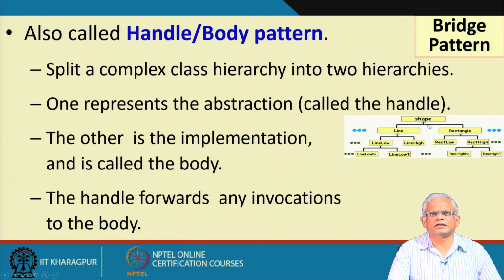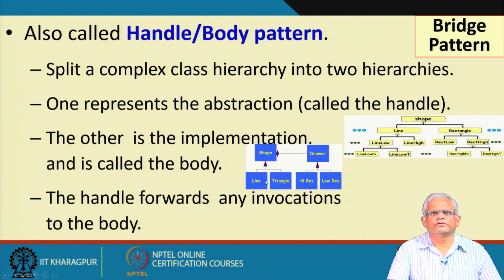So, this is a complicated class structure. There is a complex class hierarchy, and using the bridge pattern, we will be able to split it into two simple hierarchies, which is much more manageable. Very few classes. Observe here that just 6 classes here compared to the large number of classes here reduces the number of classes, makes the design simple.